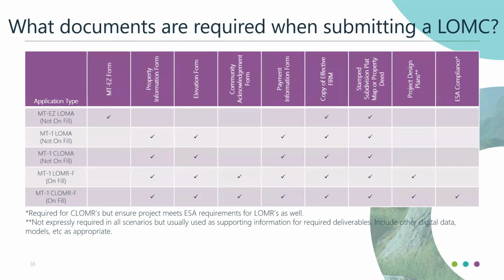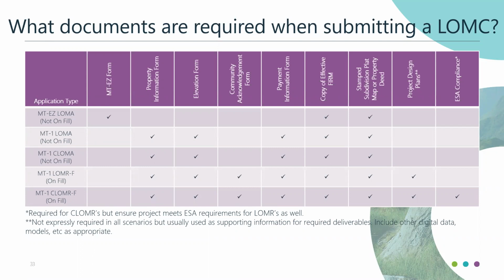But before we get to that, I'm kind of a big picture thinker, so I like to see tables of what's required for each application or application type. This table basically highlights all the data that's required for each application type. You can see that for an MT-EZ LOMA, which is again a determination for a lot or structure that's not on fill, all that's really required is the MT-EZ form, a copy of the effective FIRM, and a stamped subdivision plat map or property deed.